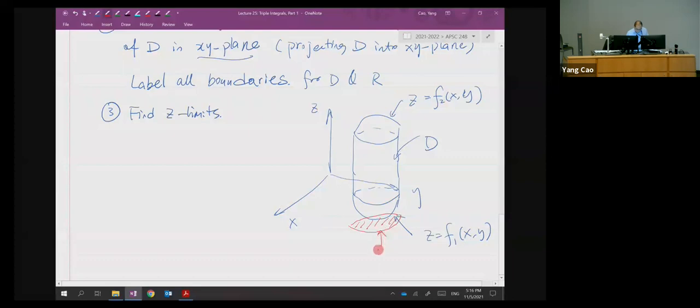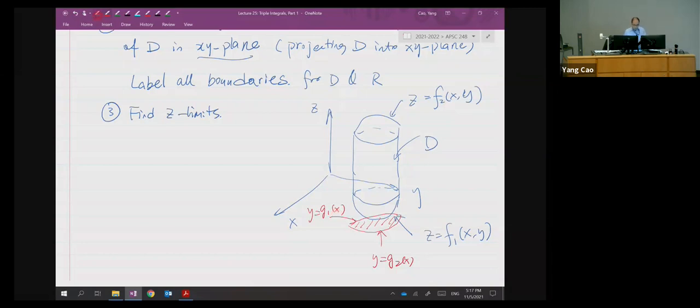This boundary, let's call it Y equal to G2 of X, and this boundary Y equal to G1 of X. Those are the results of the second step, doing the proper sketch and proper labeling of the boundaries.